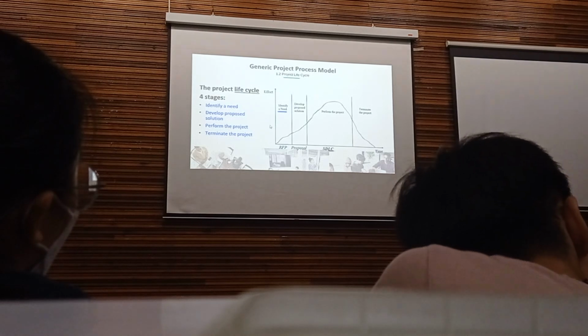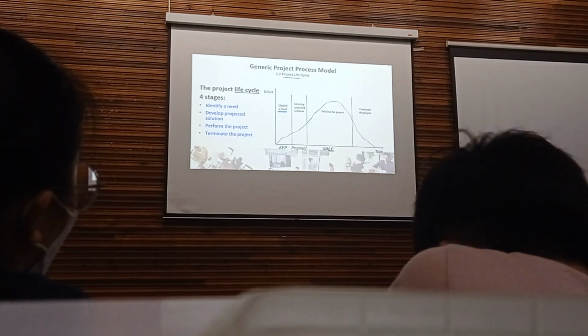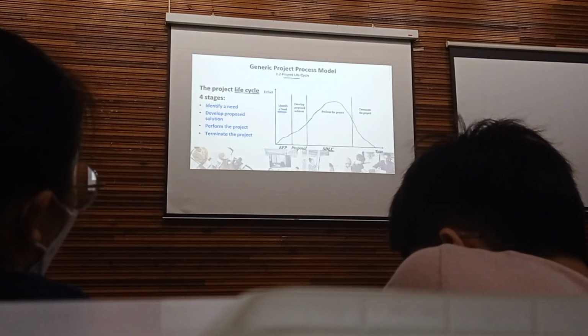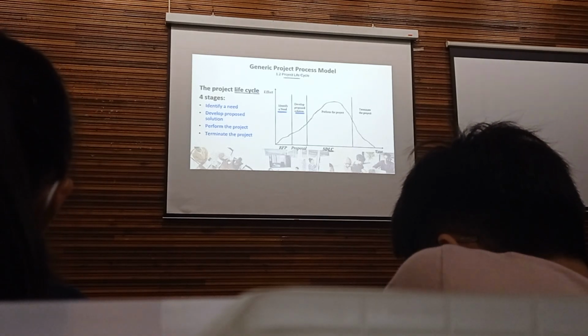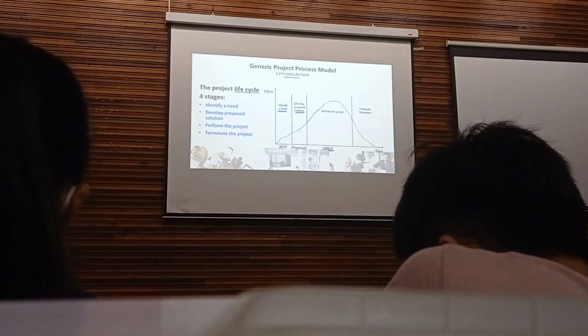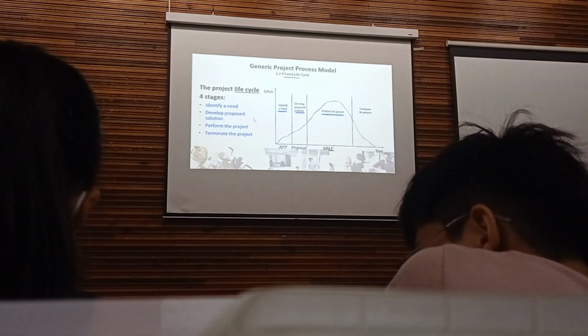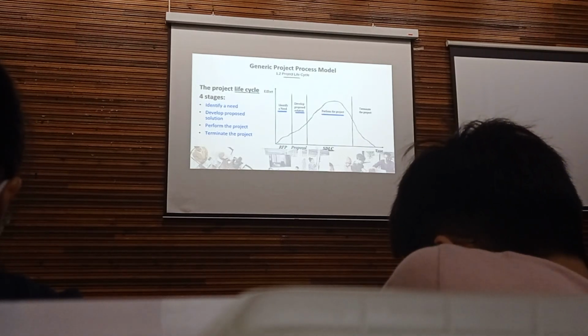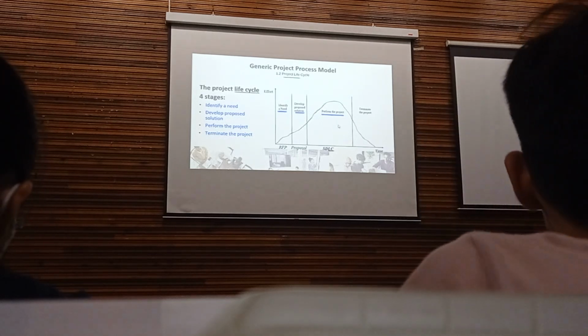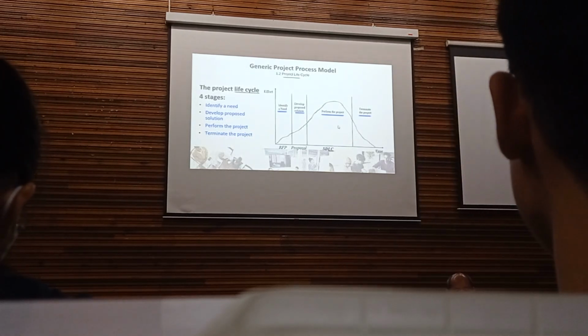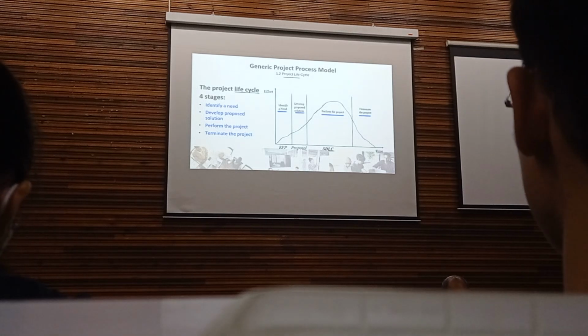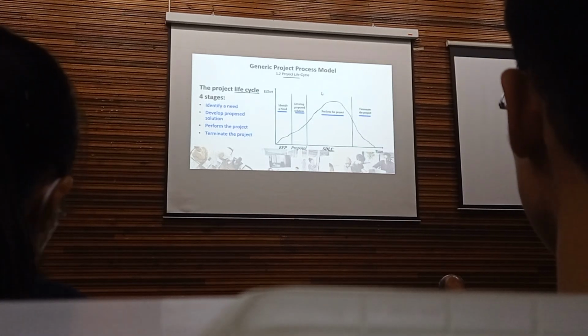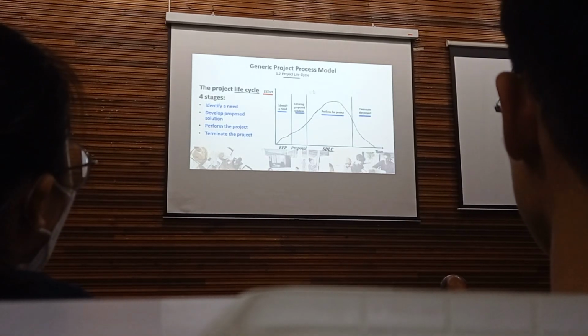So this is stage 1. The project starts because there's a need, followed by developing the proposed solution, then perform the project. Perform the project is the SDLC. Terminate the project means finished.